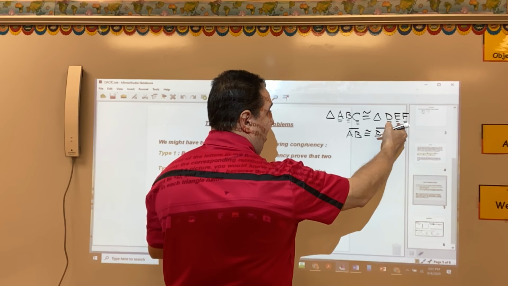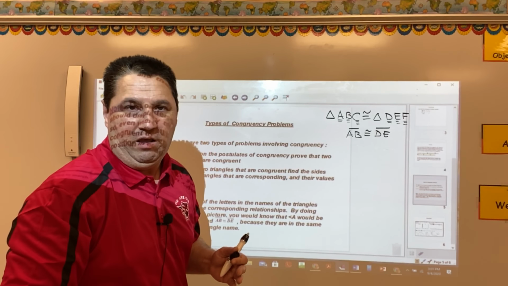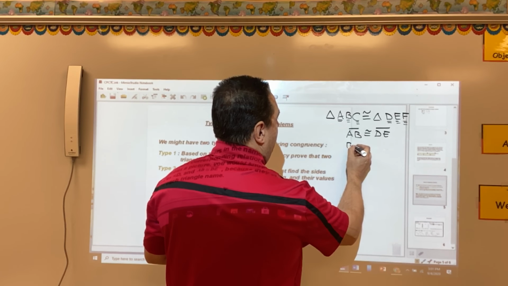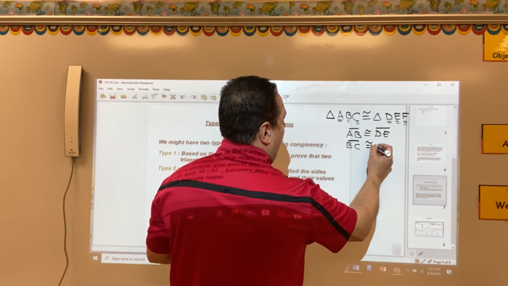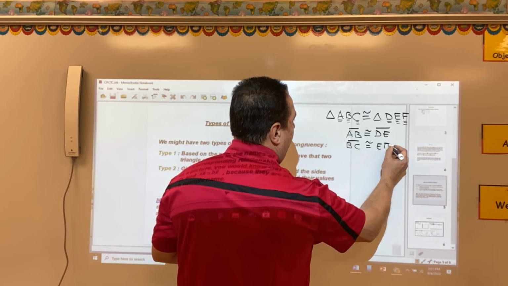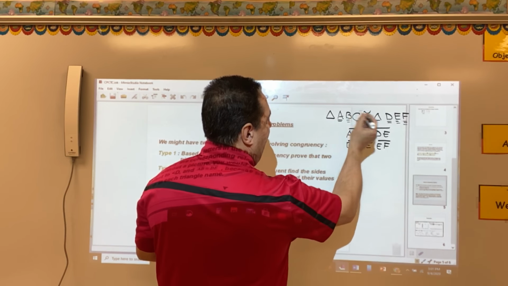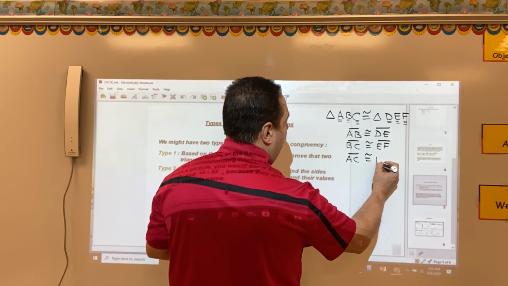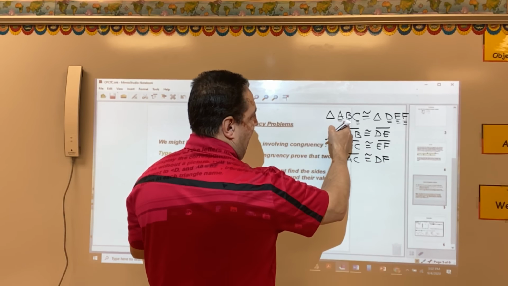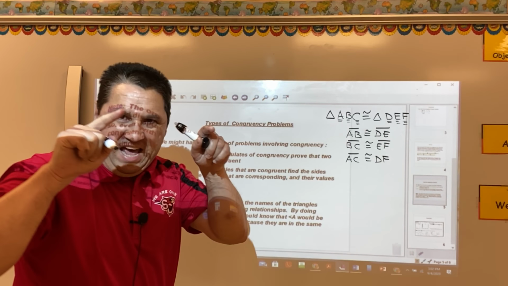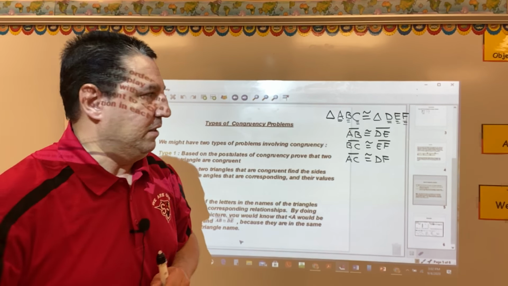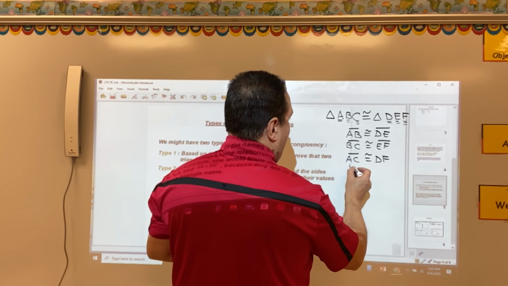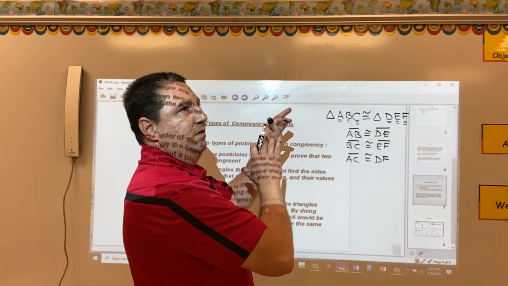Because A and B correspond to D and E. Also, BC corresponds to EF, and AC corresponds to DF. A and C, D and F. You look at the same spot. This is for sides.